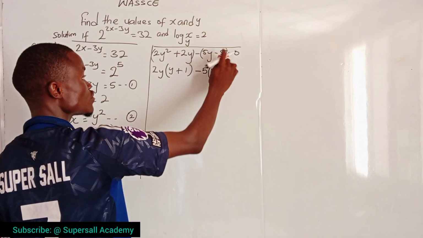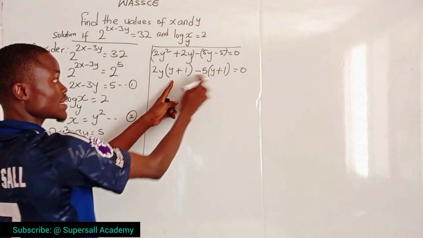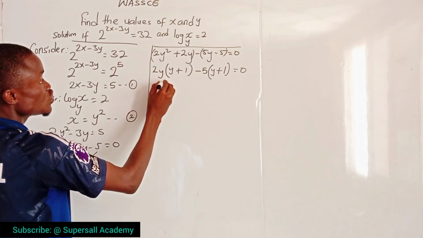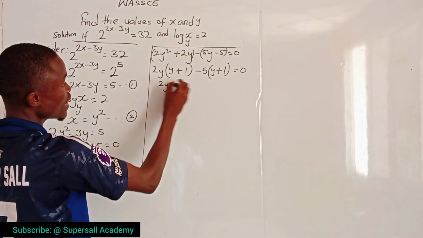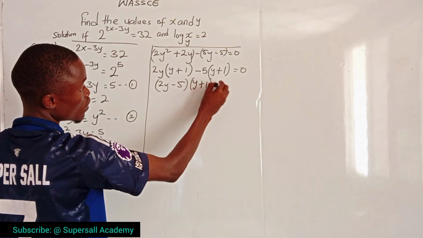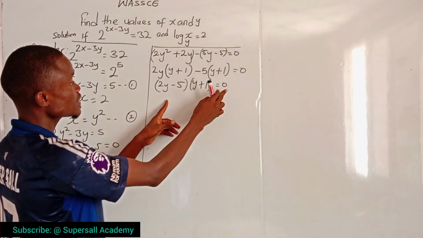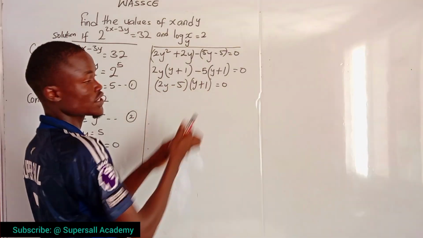How many 5 can enter into 5? 1 times, equals 0. So thank God the brackets are common. So you say 2y minus 5, then you take one bracket, y plus 1, equals 0. Now we take this one and equate it to 0.